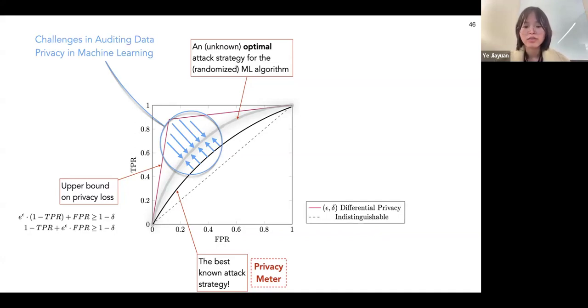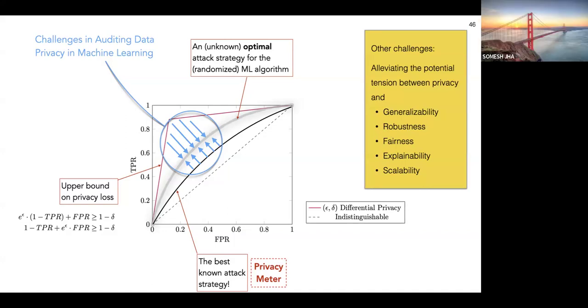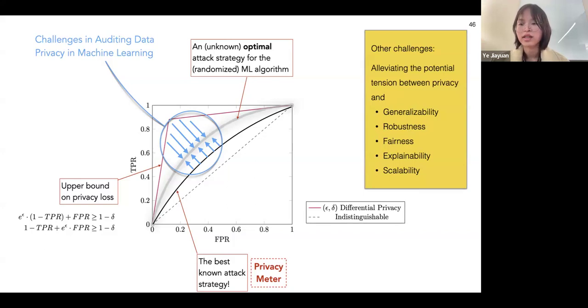And in this talk, we talked about designing better attacks, which pushes for the lower bound. And there are also many other challenges in improving the upper bound and also resolving other tensions between privacy and different other properties of the training, such as fairness and so on. Yeah, so that is the end of the talk.